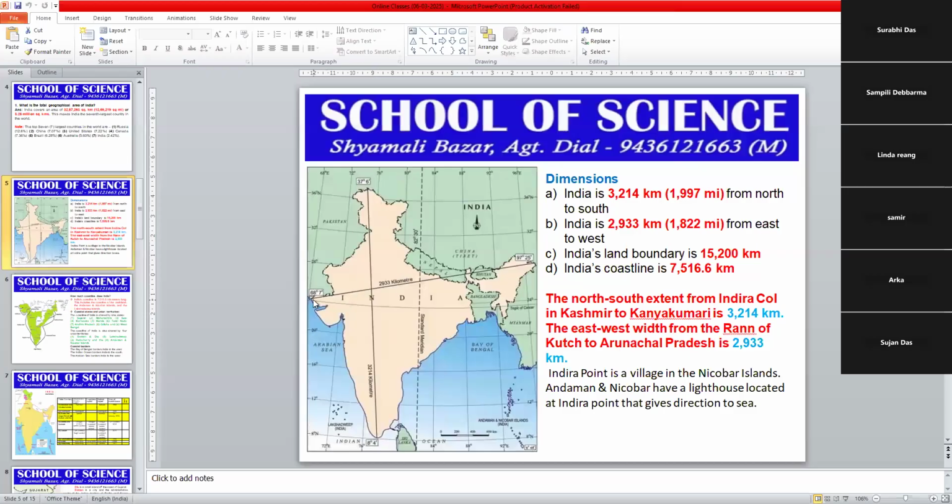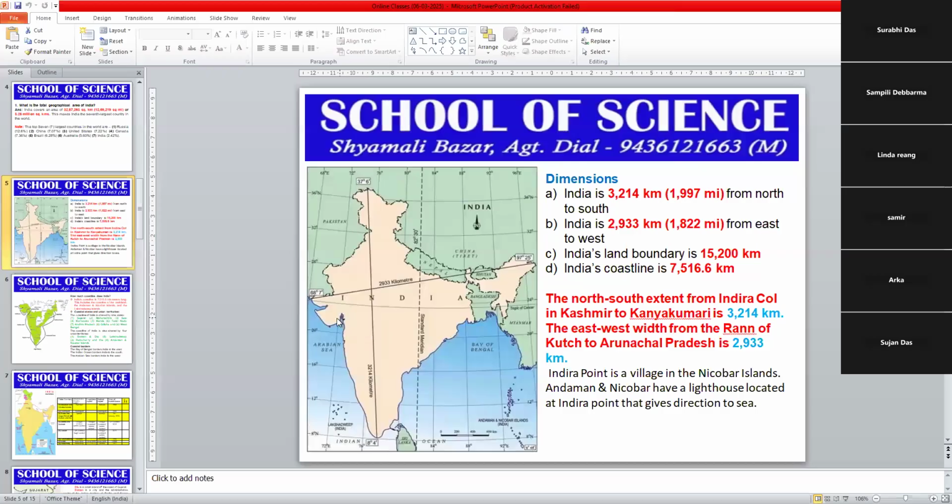Okay, and this is from east to west. So from east to west, it's almost 2933 kilometers. And India's land boundary is 15,200 kilometers.